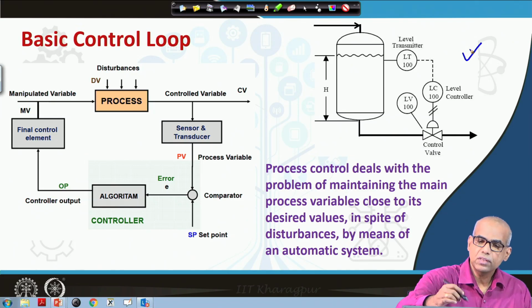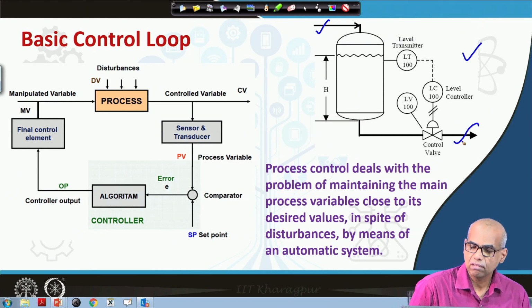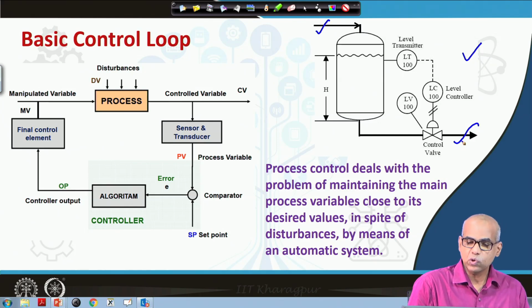Now, if this input flow rate and this output flow attain steady state and there is no disturbance, then there won't be any need for process control. But you know that is not going to be the case. There will be disturbances, and process control deals with the problem of maintaining the main process variable close to its desired value in spite of disturbances by means of an automatic system.